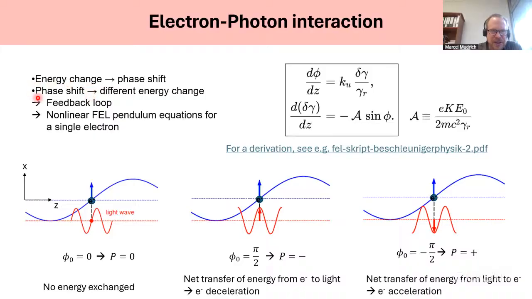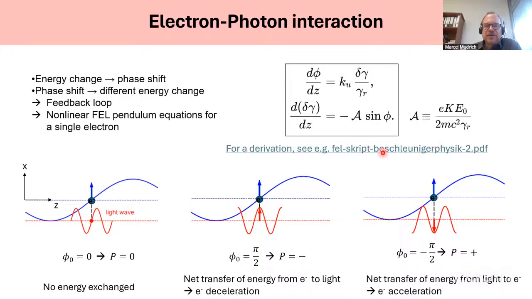And also the back process happens. A phase shift induces change of energy. So this gives us a feedback loop. And a feedback loop can be formulated in terms of a pendulum equation. So we can actually, by linearization, by some derivations, you can see, for example, here this lecture script where all the math is worked out.